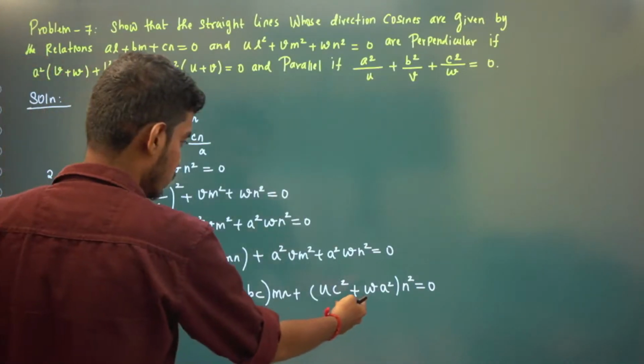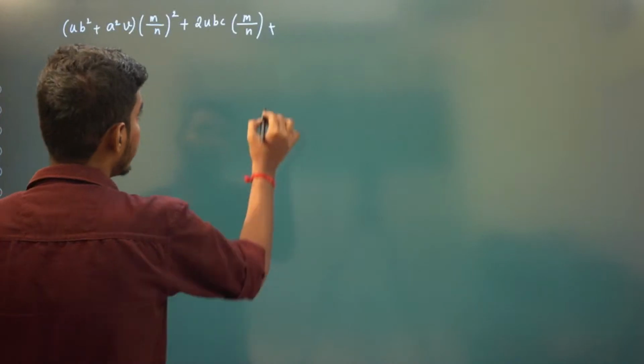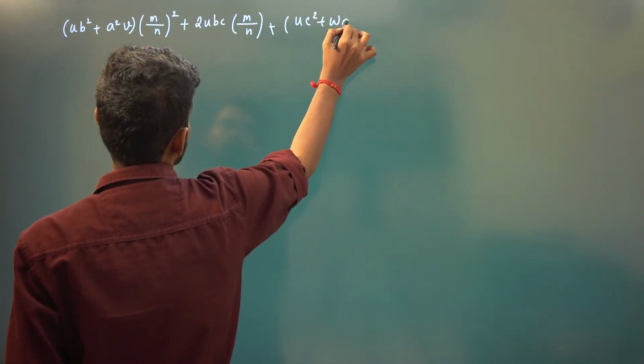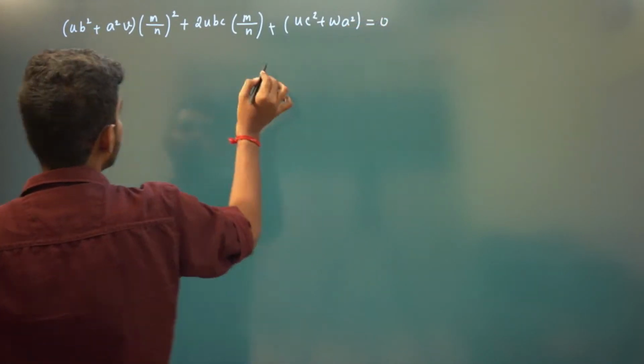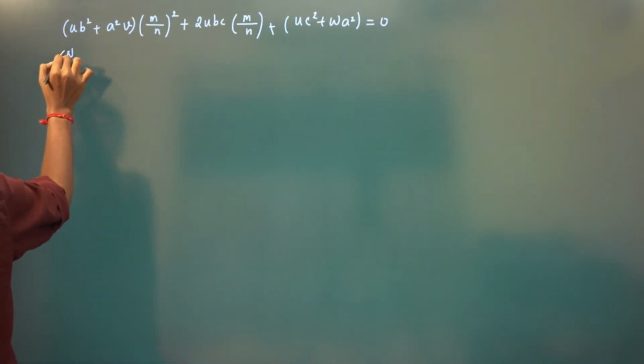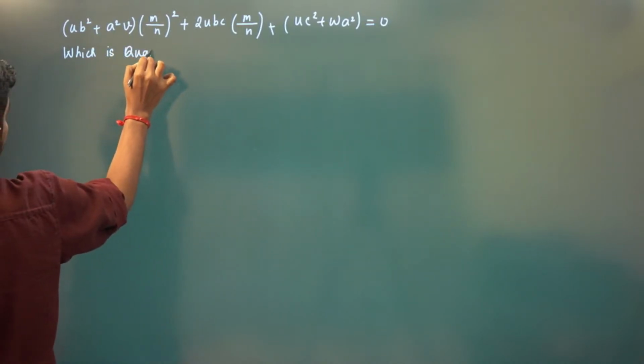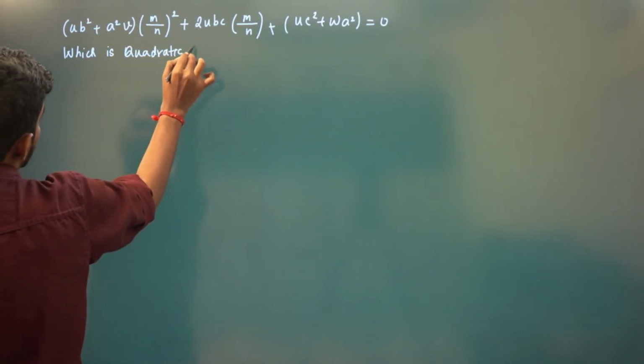If we divide by n square, we will have UC square plus WA square is equal to 0, which is a quadratic in m by n.